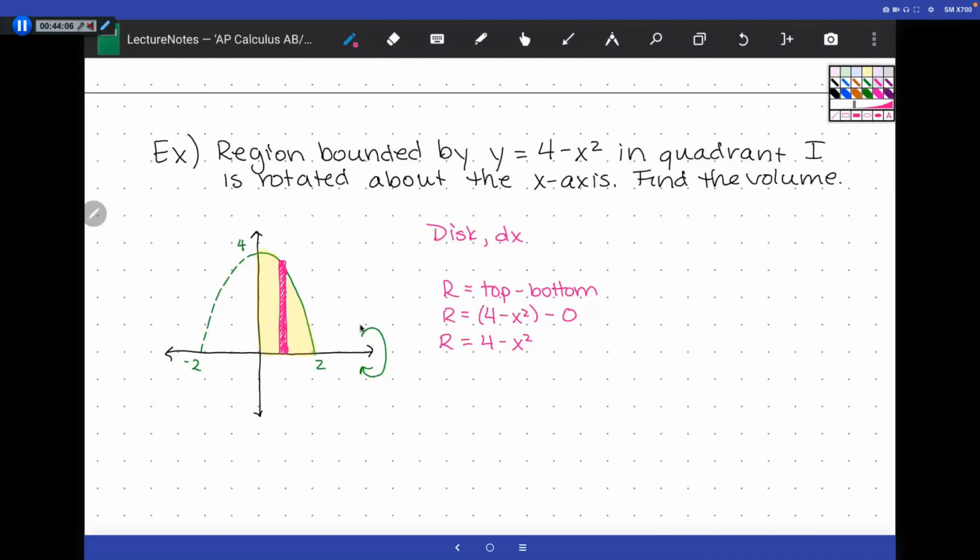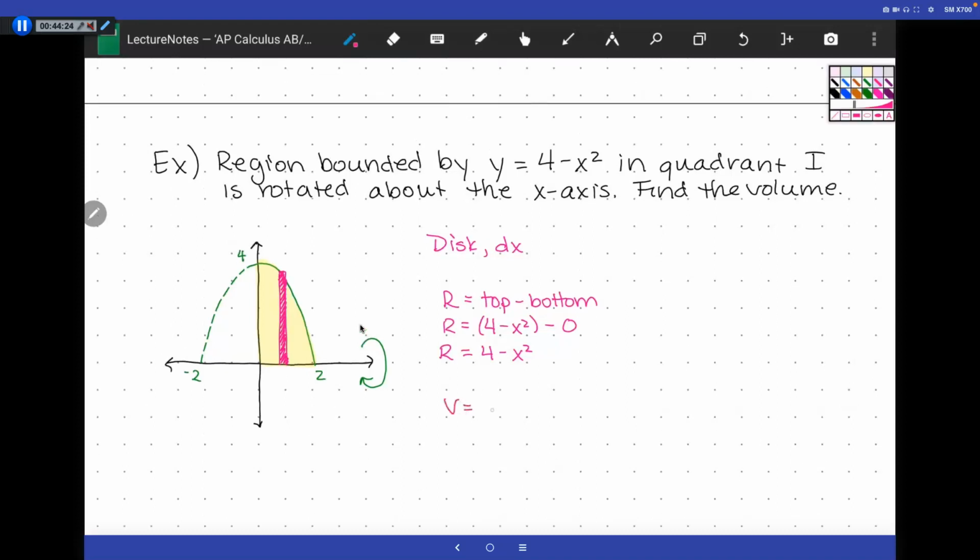It all falls into place after this, so I want to make sure we're cool here. Any questions there? So we just plug into our formula and see what kind of integral we got.